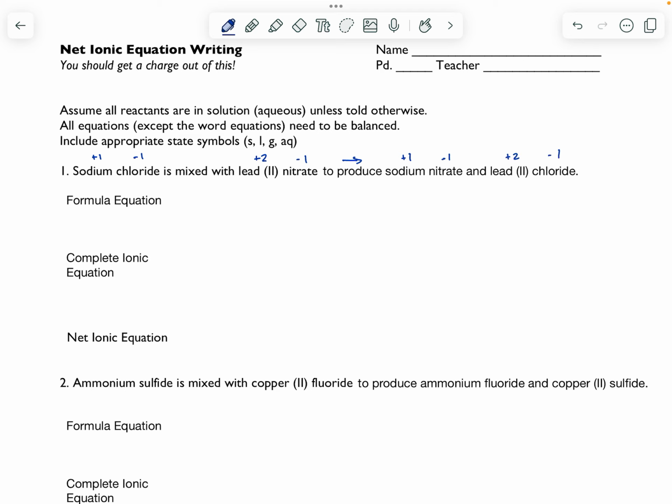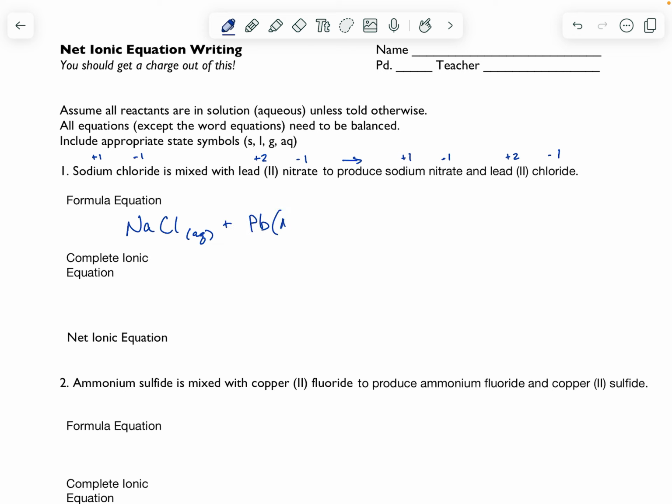All right, and so knowing that, now I can make my formula, or like the note said, molecular equation. So here's sodium chloride, NaCl, right? The +1, -1. That is aqueous. I do say assume all reactants are aqueous, and that's the only way that these double replacement reactions do work.